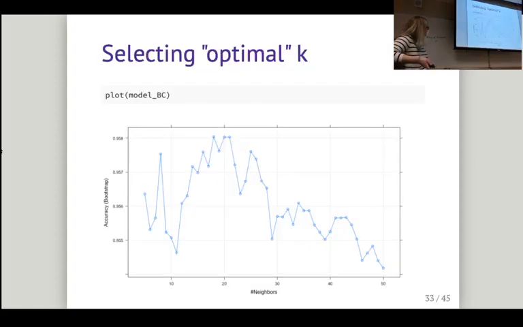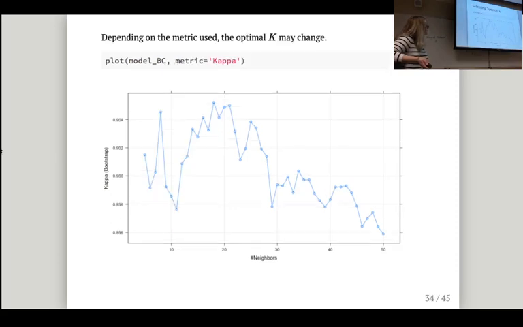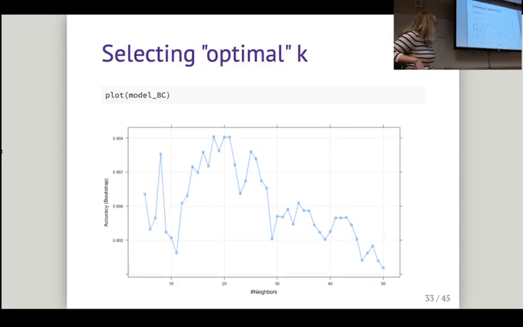All right, so selecting optimal K, we talked about this a little bit previously, so we'll go through this fairly quickly. What I want to highlight here is that depending on the metric that we use, this optimal K can actually change. So here's the optimal K going from K equals 5 to K equals 50, using accuracy as my metric. It looks like the best K is right here at 18.